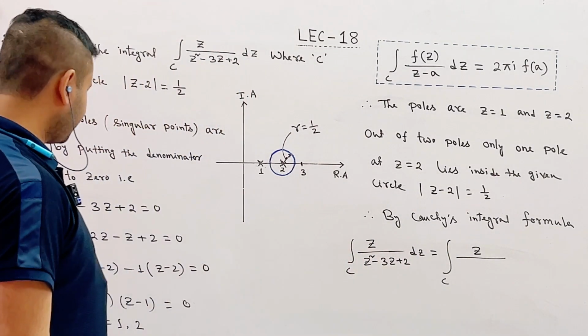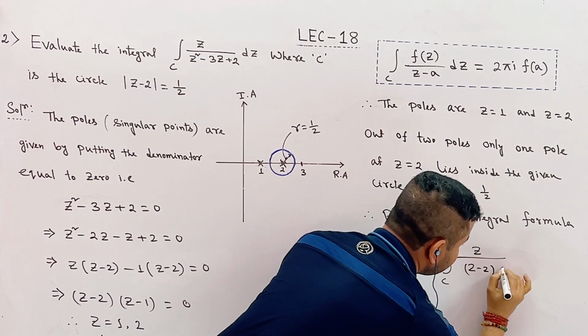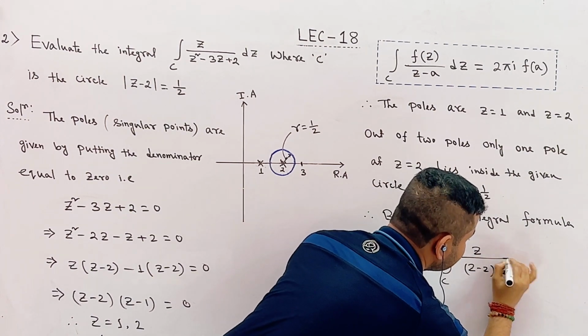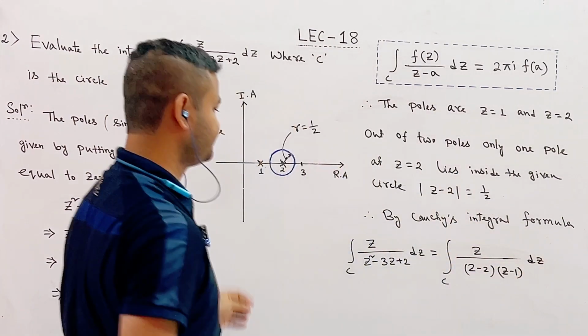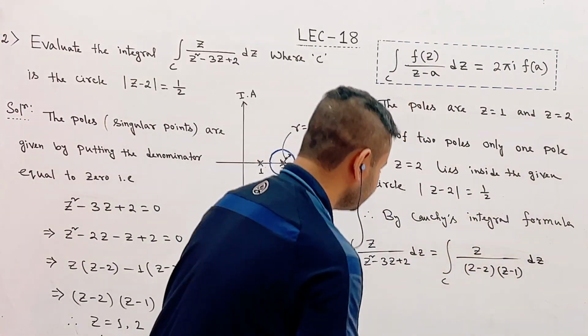This part can be written as z minus 2 into z minus 1 dz. Now let us rearrange this term.